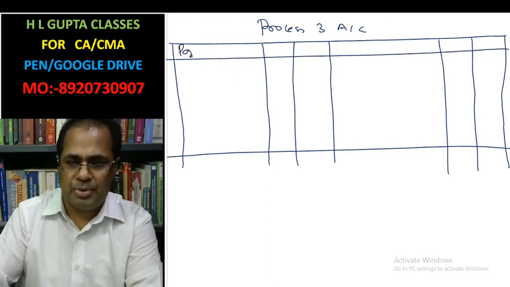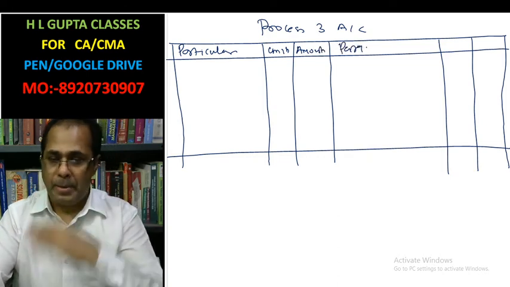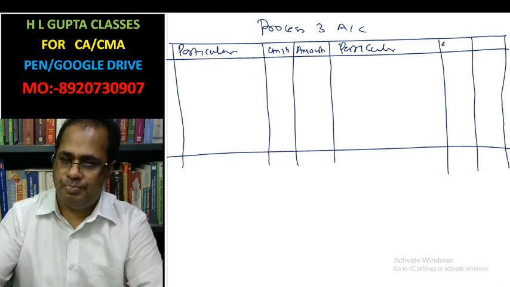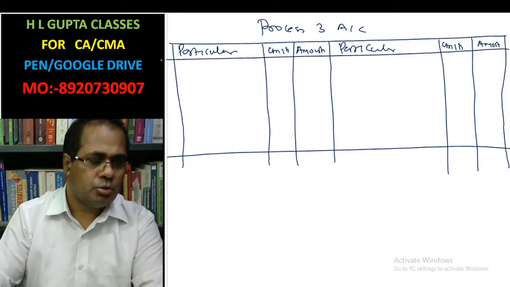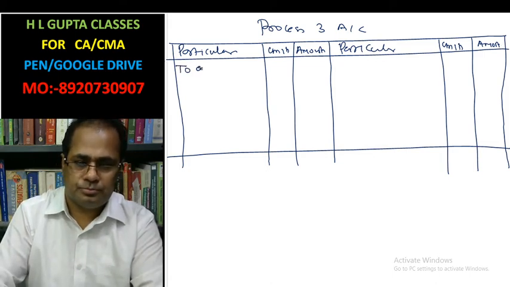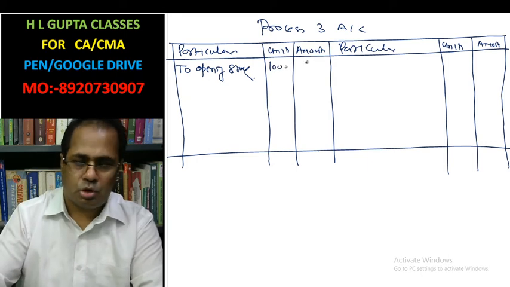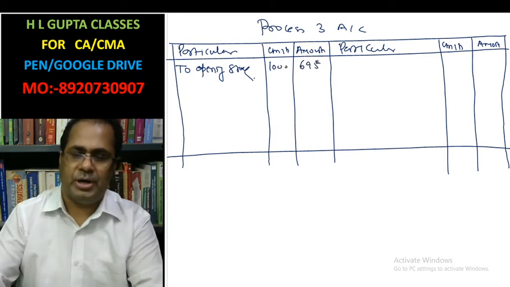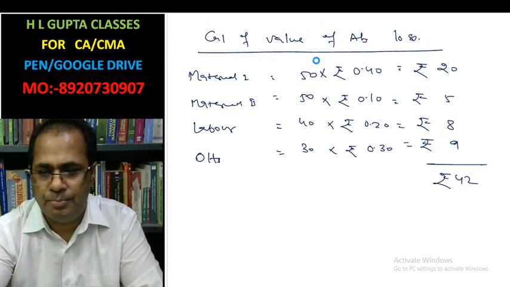In this case, these are the particular units and amounts. Okay, to opening stock 1,000 units, the cost is 695. How is it calculated? Please try to understand.